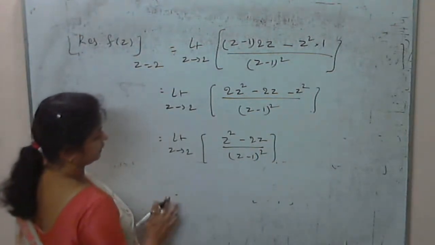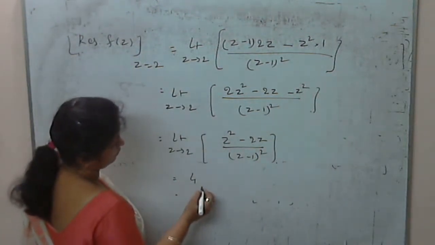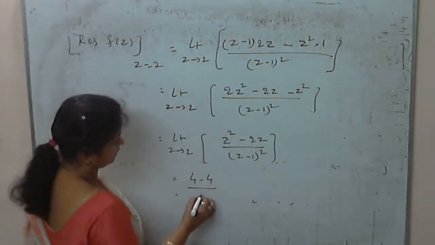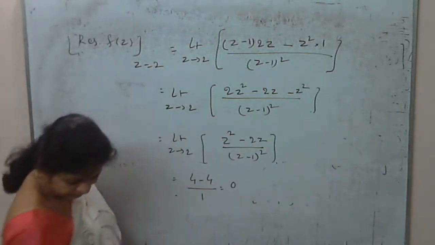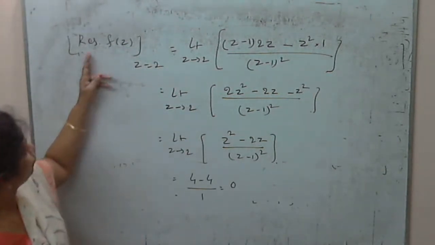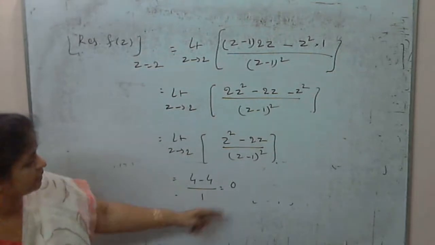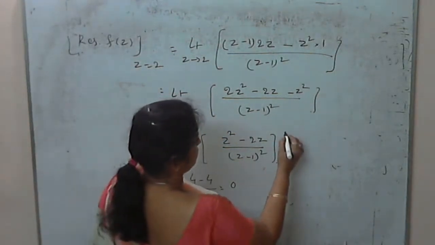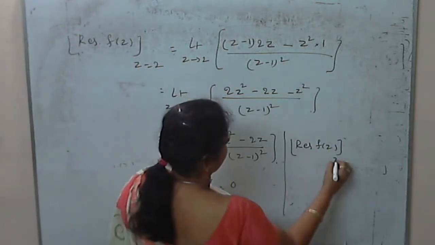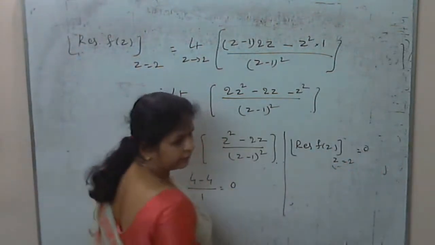Now substitute z equal to 2: 4 minus 4 by (2 minus 1), which is 0. So the residue of f of z at z equal to 2 is 0.